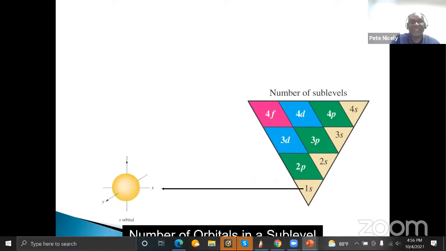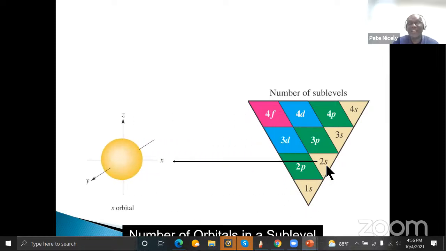So just to summarize a bit, as far as the s sublevel is concerned, in the first energy level, or in some textbooks they call it the first shell, you have the s orbital, the 1s orbital, and it has a spherical shape, as you can see here. And then when you get to the second energy level, you have the 2s orbital, which is also spherical in shape.